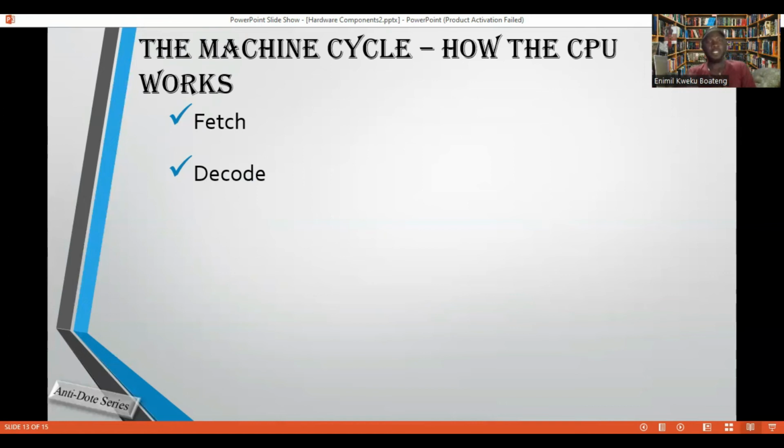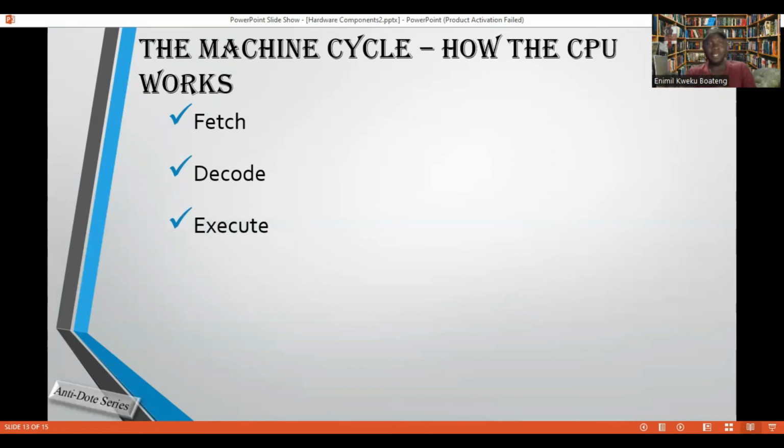So decode here means that after the CPU is done translating the instruction fetched from memory into a language it understands, which is zeros and ones, it paves way for the next cycle, which is execute.